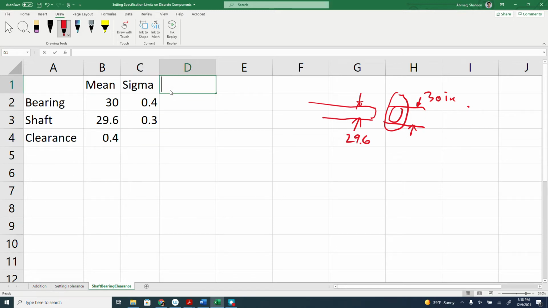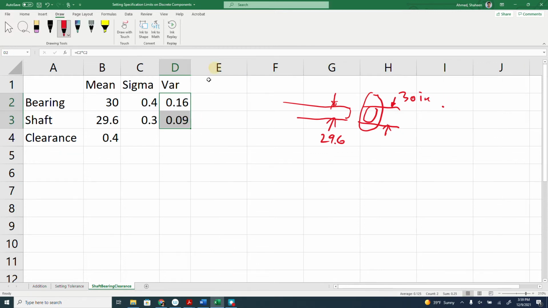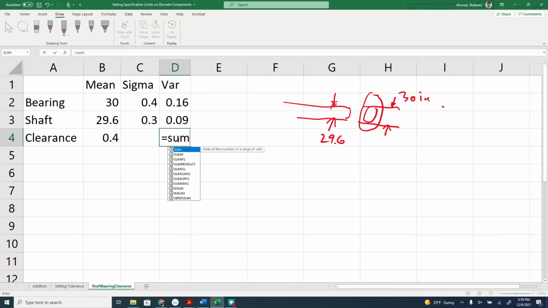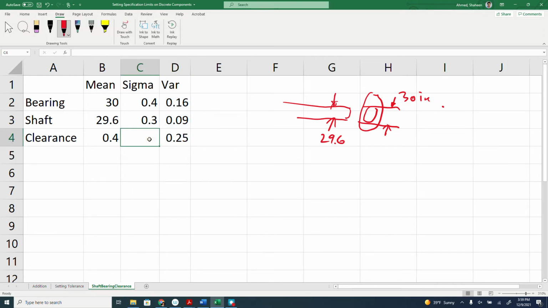To do that, first we calculate the variance, which is the square of the sigma. So this times this, and then copy that down, and then the total is the sum of these two components. Remember, variances always get added, and then the square root of this variance will give us the standard deviation.